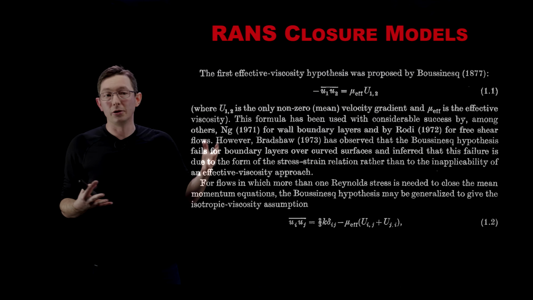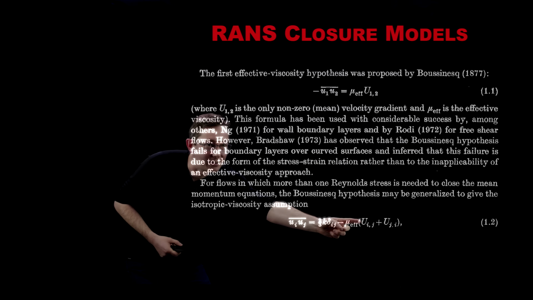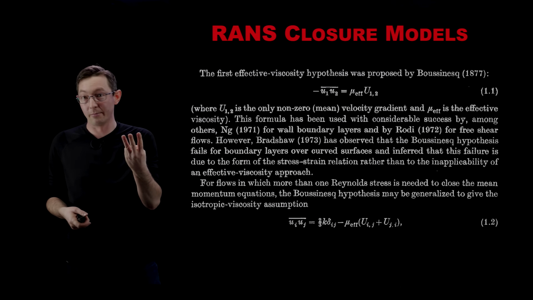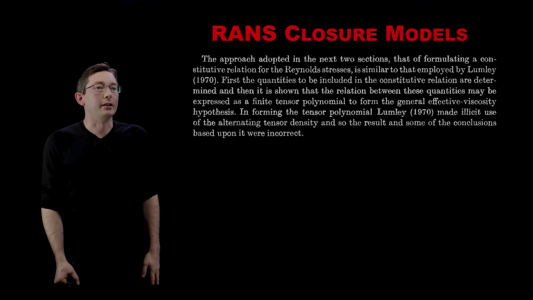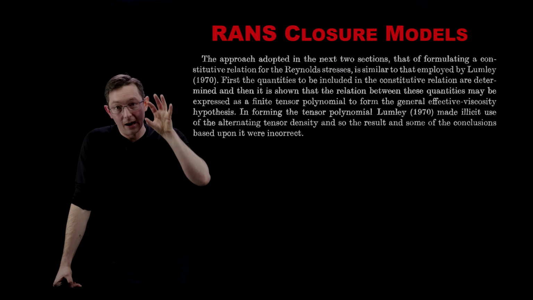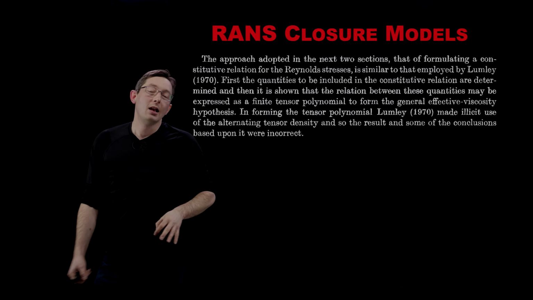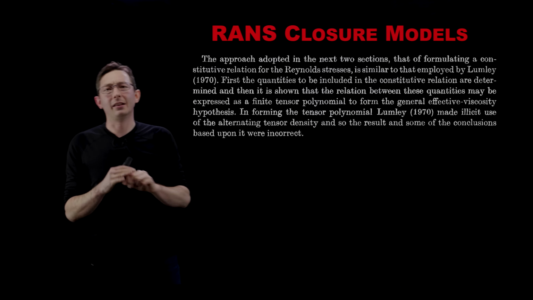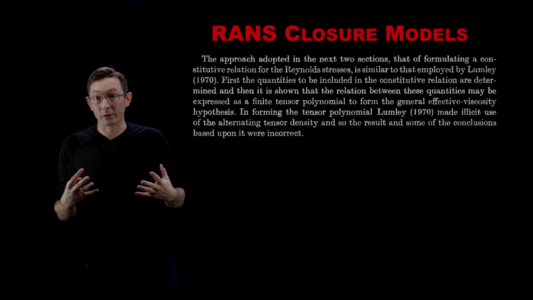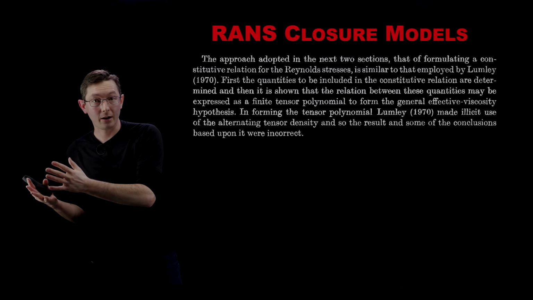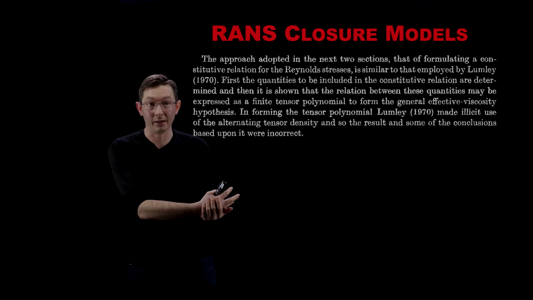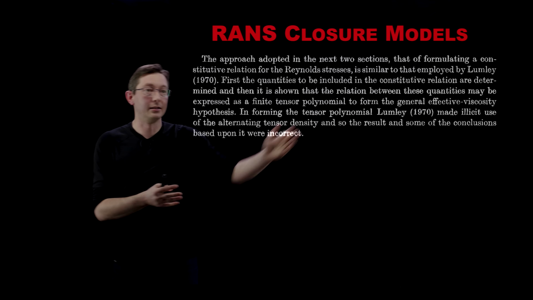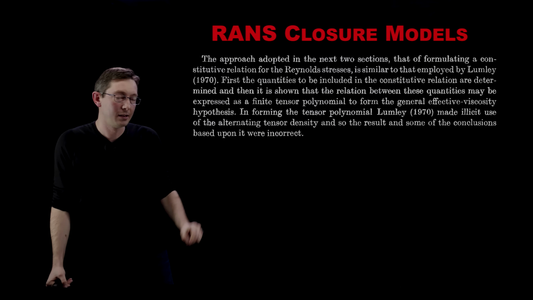And so there are things you can do to fix that. Okay, and this is basically the generalized Boussinesq hypothesis for 3-component flow. Good, and then the approach taken in this Pope paper is built on this work by Lumley, 1970. And Lumley is one of the giants of reduced order modeling, POD, proper orthogonal decomposition, coherent structure modeling. A lot of my work, 50 years later, is built on the stuff that Lumley did in the 70s.